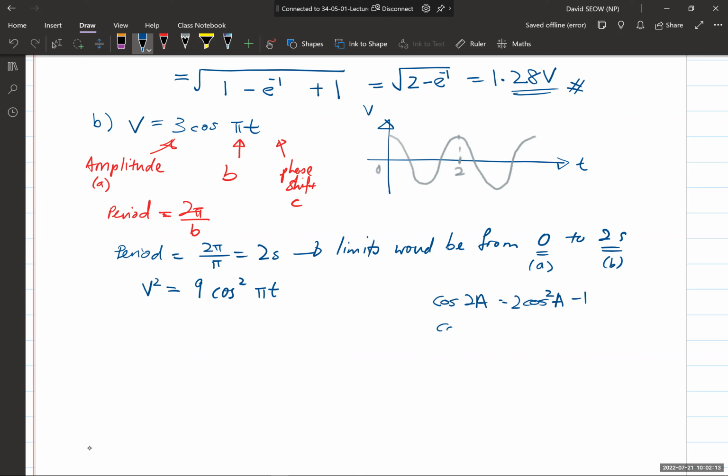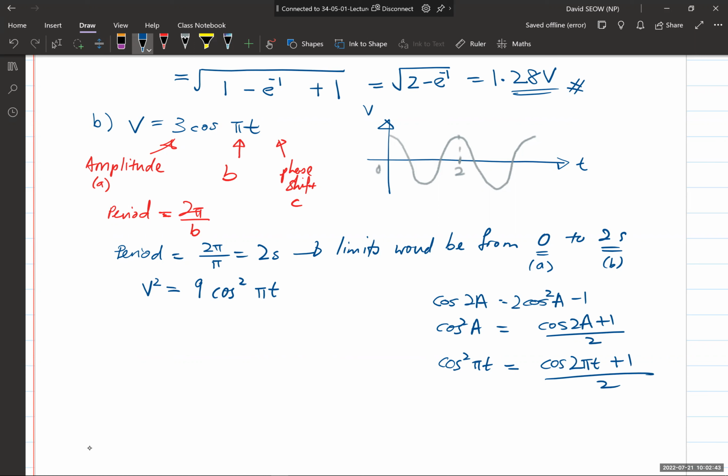So cos square a will be equal to cos 2a plus 1 over 2. And since this is cos square pi t, replace a with pi t, and it will give me cos 2 pi t plus 1 divided by 2.